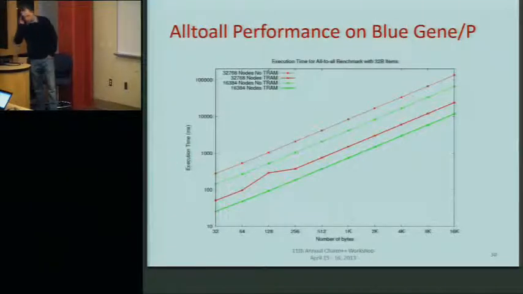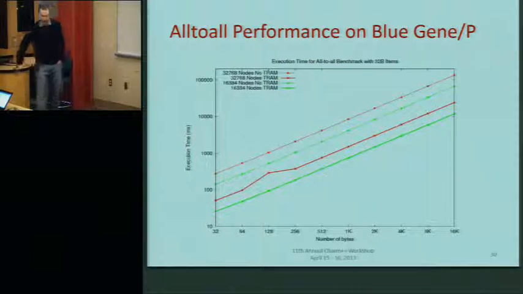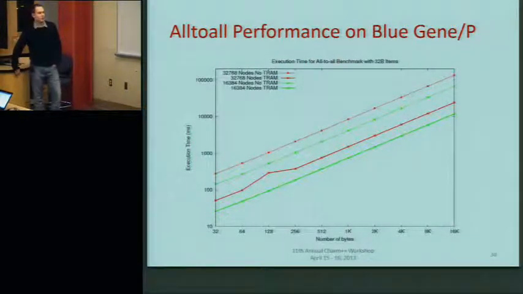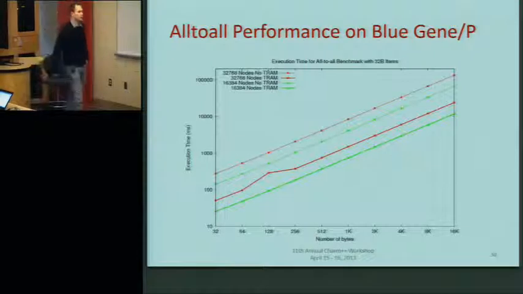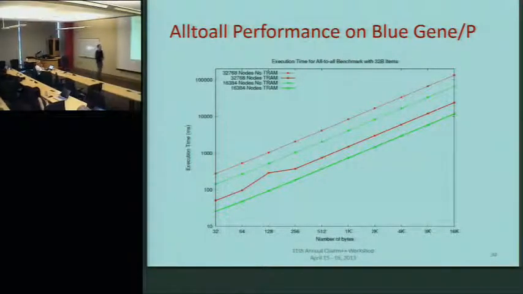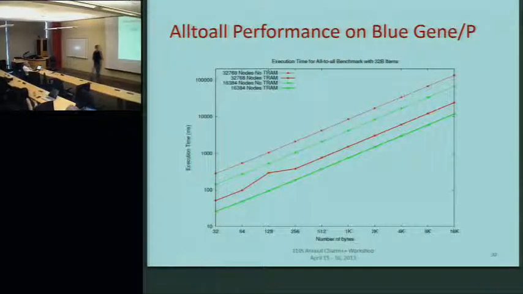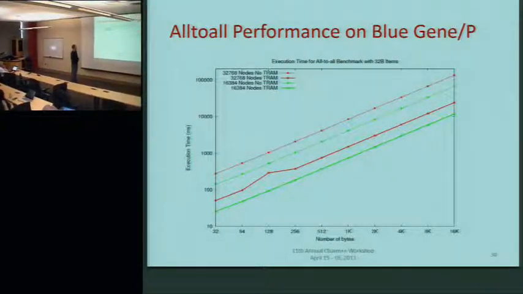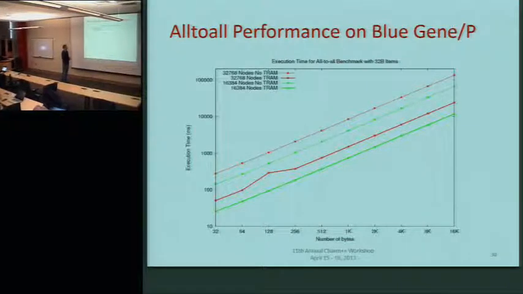So what is this library good for? We've done some tests with benchmarks and applications. This is sort of the most basic benchmark that you can run with this, which is an all-to-all benchmark. And what we have here is BlueGene-P results for all-to-all with various amounts of data sent in small units.